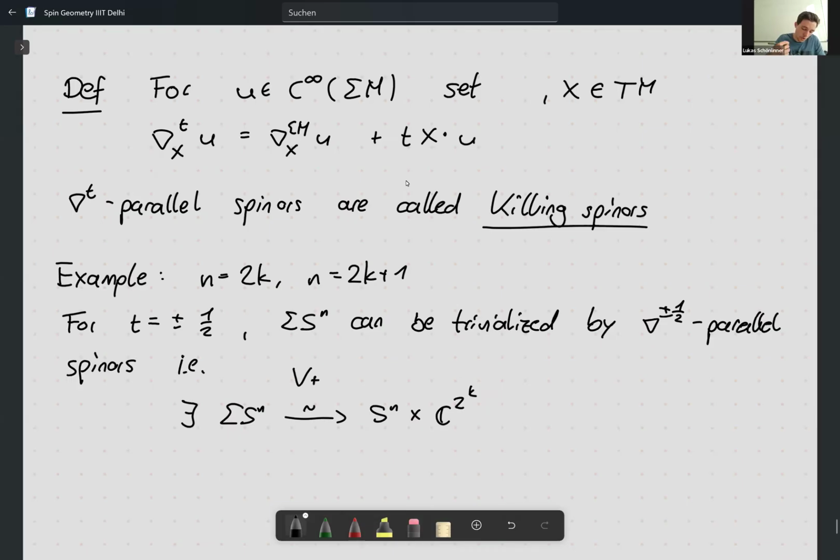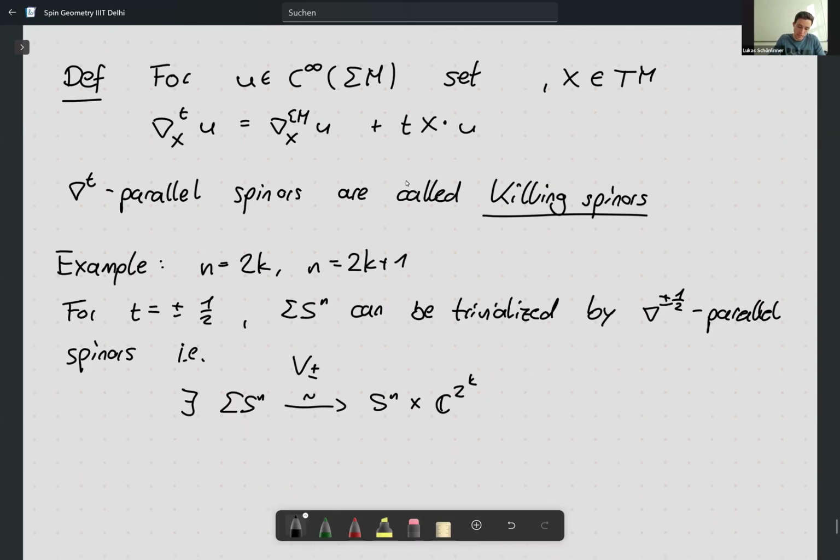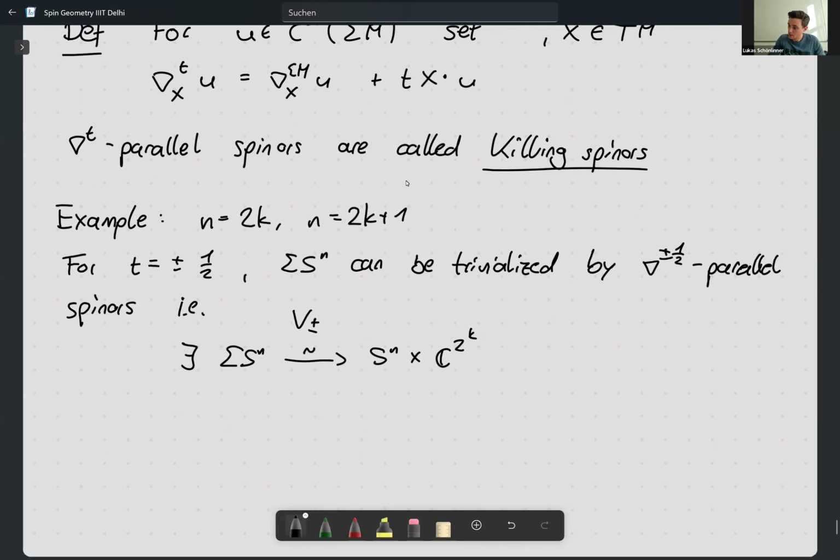We get it for plus 1/2, and we also get it for minus 1/2. So actually, on the n-sphere, these Killing spinors are available in abundance. But on other manifolds, it's quite rare that you find these Killing spinors.